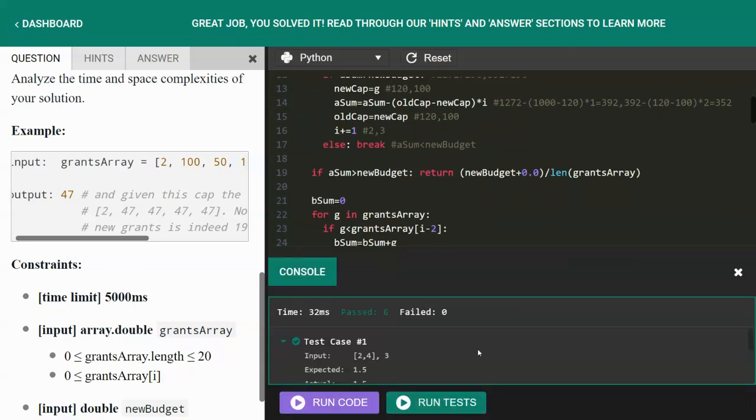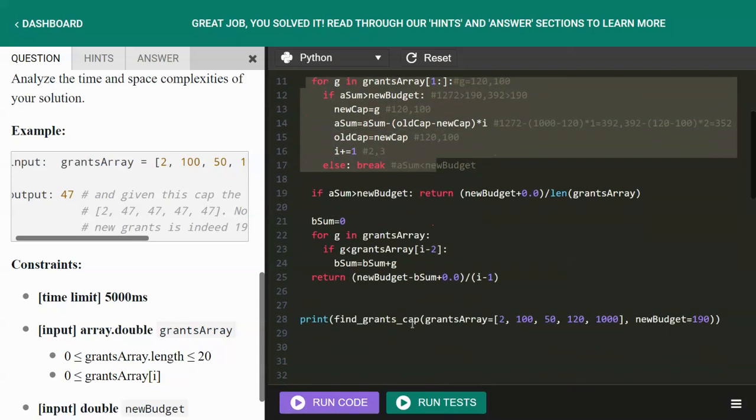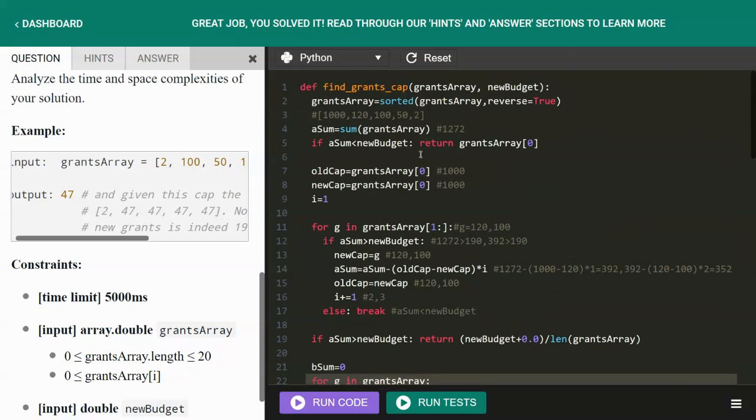Let's run that, and it passes all the test cases. Again, the time complexity is big O of n log n, which comes from the sorting. It also takes big O of n in this for loop and big O of n in this for loop as well, but the dominating factor is the sorting.